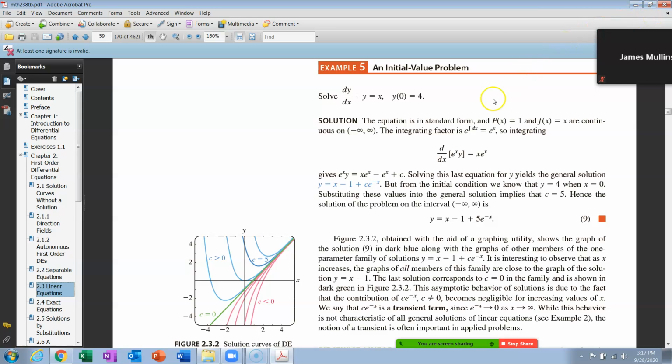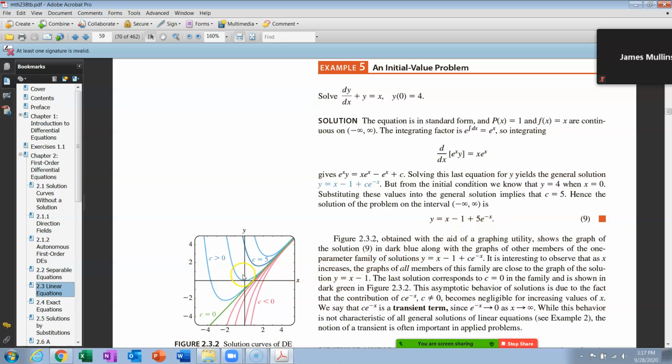Okay, so when x is very large, this is going to the line here, and that line would be y is equal to x minus 1. But when x is very small, then this thing can blow up because you're minus a minus number. That's a positive exponential.